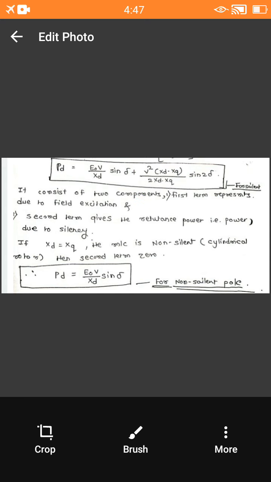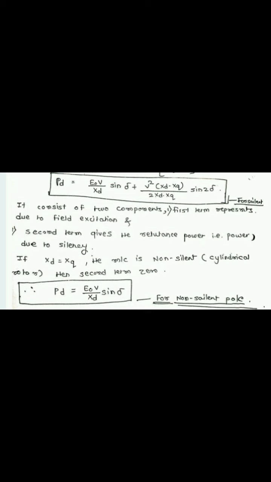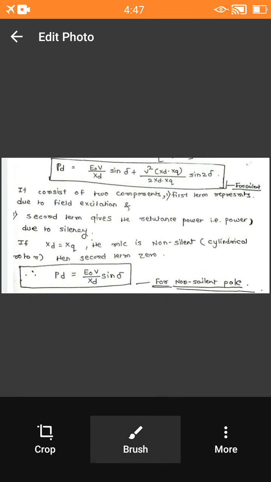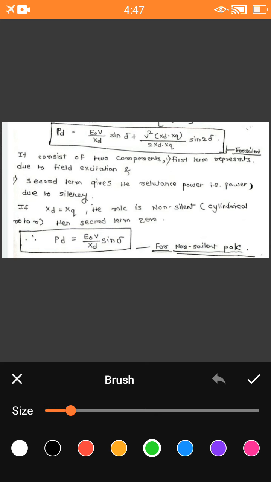Hence the power developed for non-salient pole type of construction, that is Pd is equal to E0 into V divided by Xd into sin delta. This is the expression for power developed for an alternator with a non-salient pole type of construction.